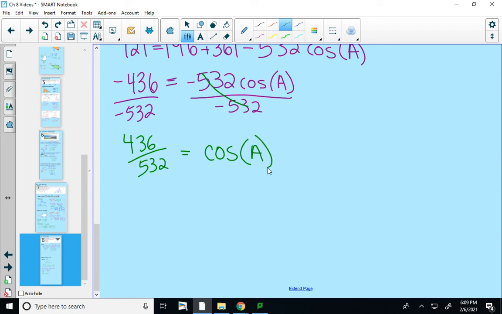And then to get A by itself, I have to take the cosine inverse of each side. That's going to cancel, so I know A would be the cosine inverse of 436 over 532. So to get cosine inverse, I'm going to press the second key on my calculator and then cosine. 436 divided by 532. Angle A is going to be 34.96 degrees.